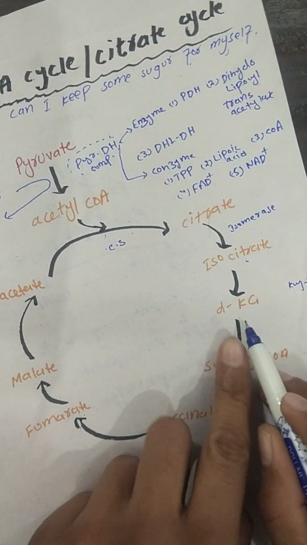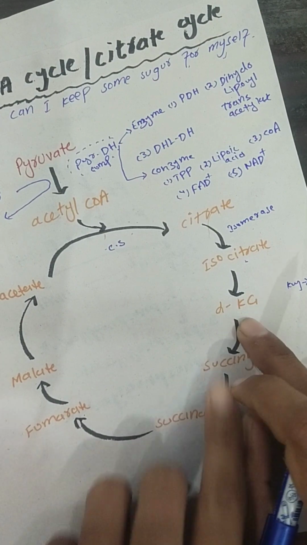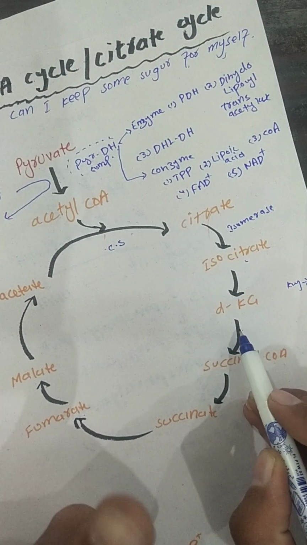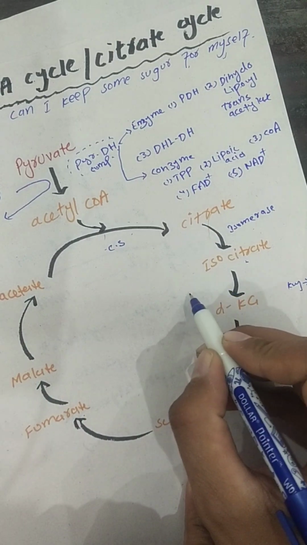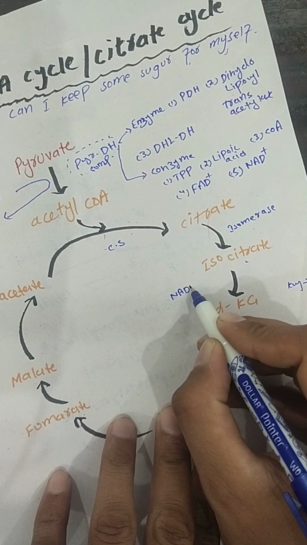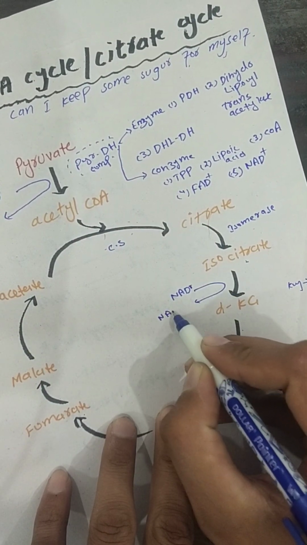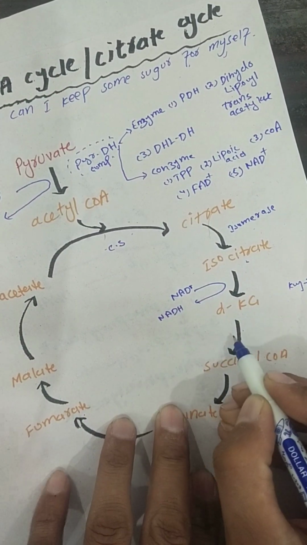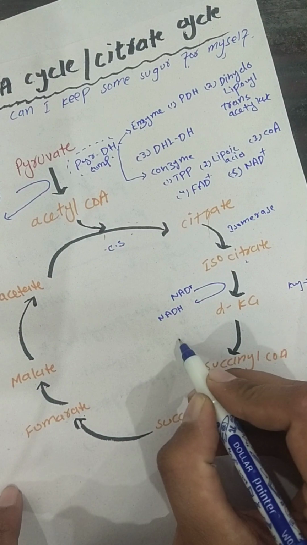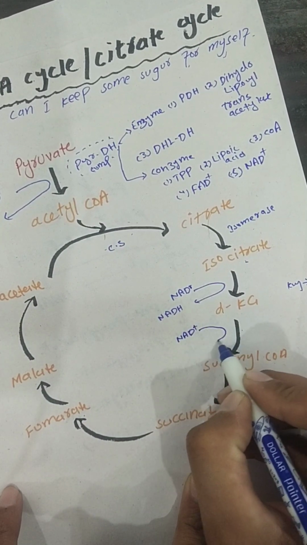Okay, so KG, I was saying that KG is very important. Why is KG important? Because in the reaction before and after the KG, NADH is produced. Here NAD is converted into NADH, and here again, in the reaction after the KG, we have NADH production.